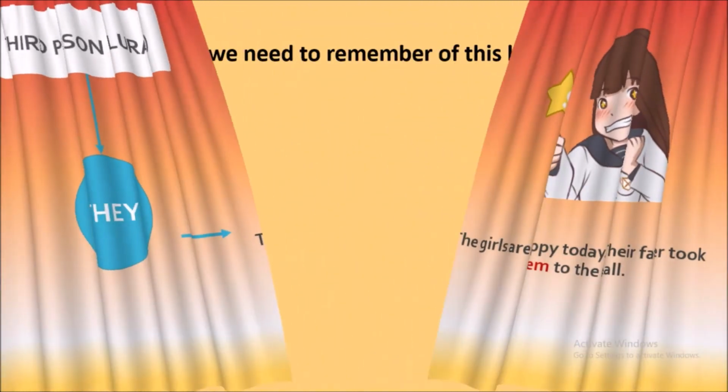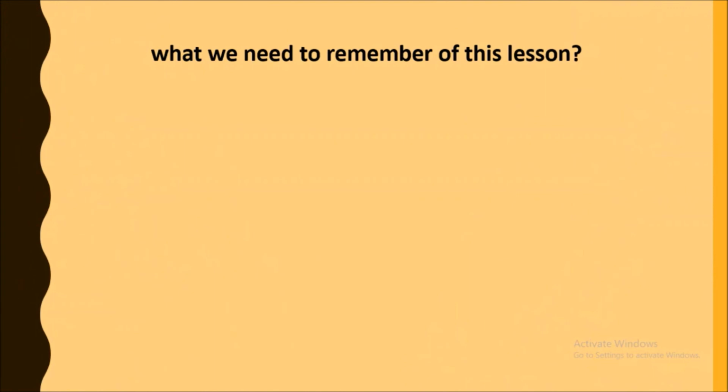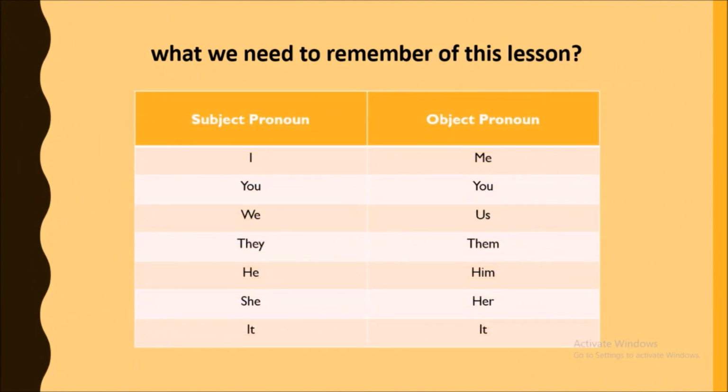So, what we need to remember from this lesson is that a subject pronoun is a pronoun that does the action in the sentence. Subject pronouns are I, you singular, you plural, we, they, he, she, it.